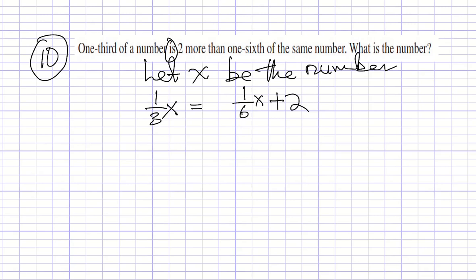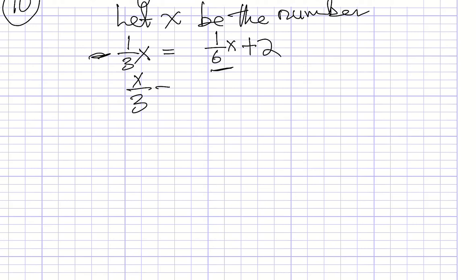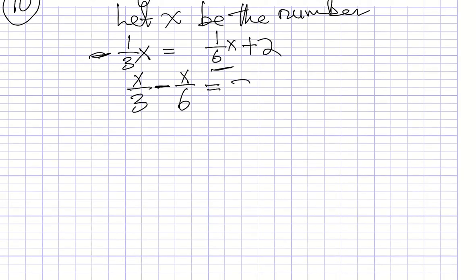So what you can do, you can move similar things to the left. This one here can be written as x over 3. We'll move this over to the left side, so we get minus x over 6, and then it's equals to 2.